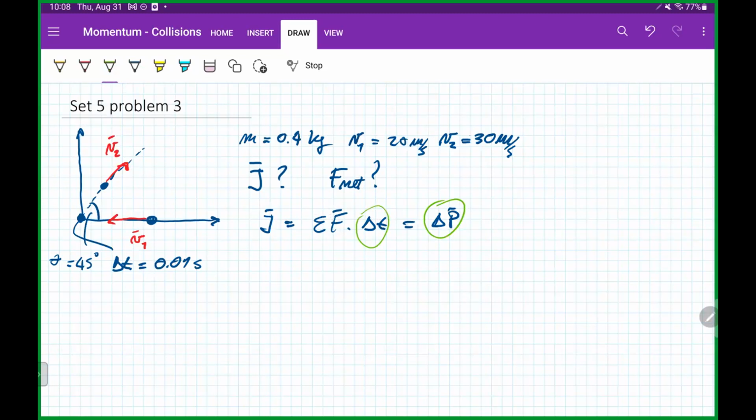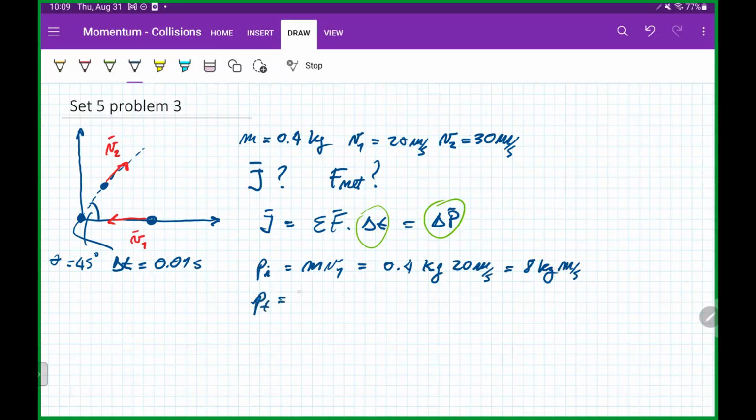So we can write P initial, let's call it PI. PI initial, so that's MV1. That's 0.4 kilograms, 20 meters per second. That's 8 kilograms meters per second. And then we have P final.